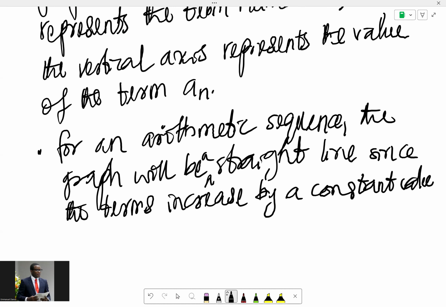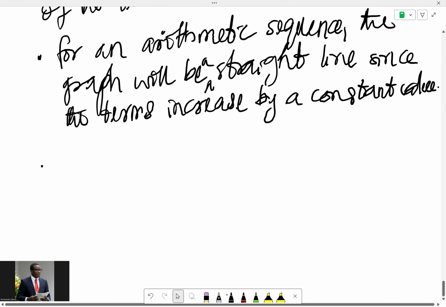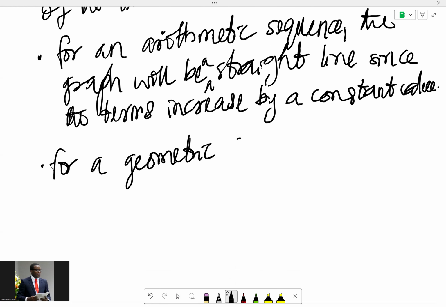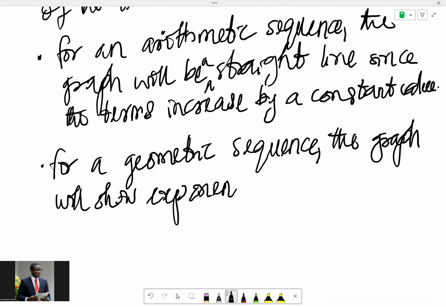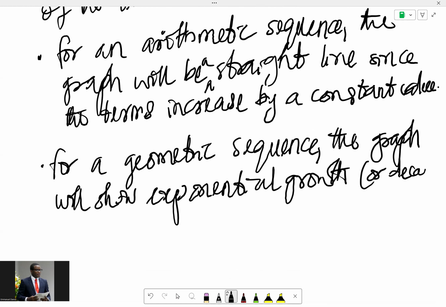Okay. Then we also have that for a geometric sequence, the graph will show exponential growth or decay, depending on whether you are multiplying or dividing.